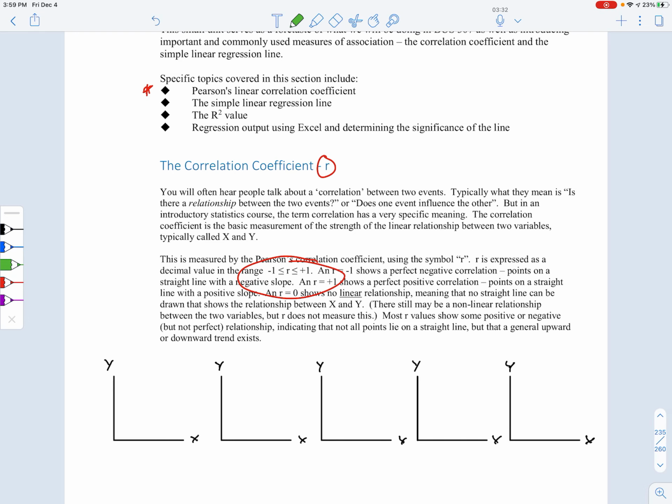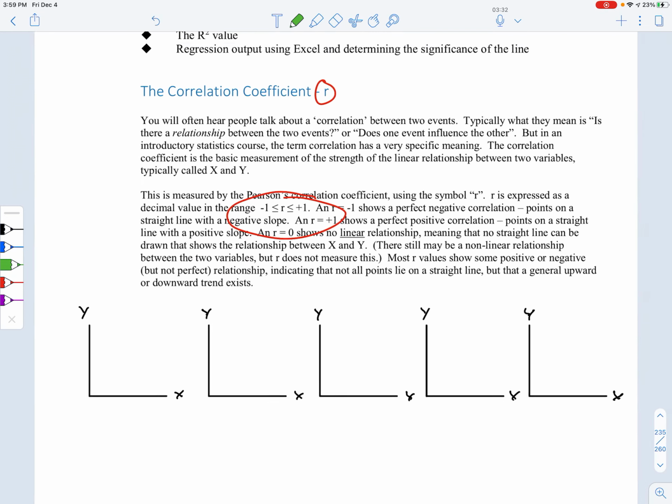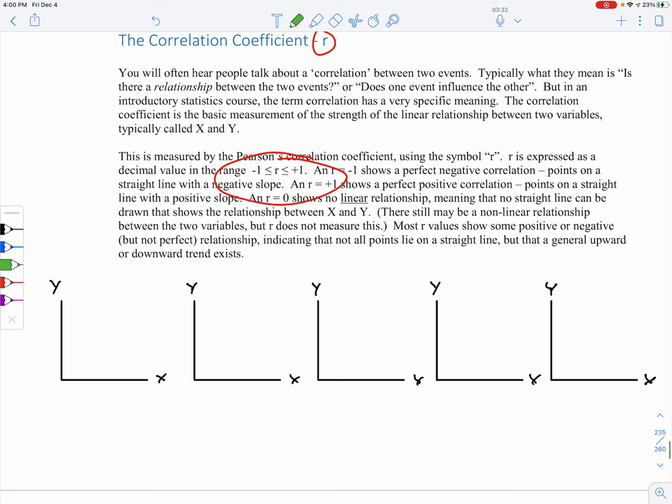So let's take a look at 5 different scenarios here. And the first one is what we call a perfect positive correlation. So let's draw a line here. And then if all of the points are exactly on the line, I'll show them as little x's here, and that particular line has a positive slope, then we say that we have a perfect positive correlation.